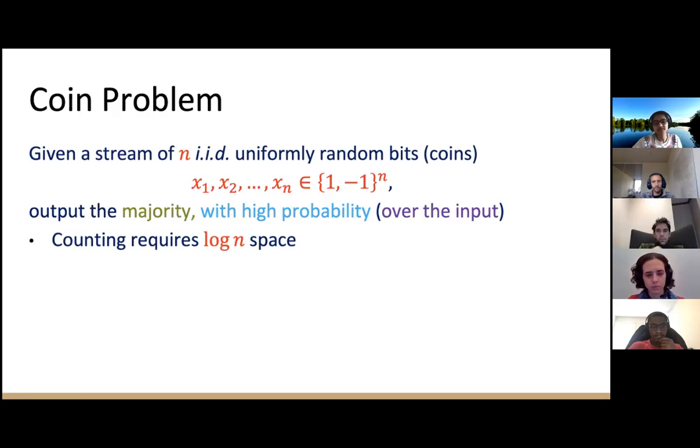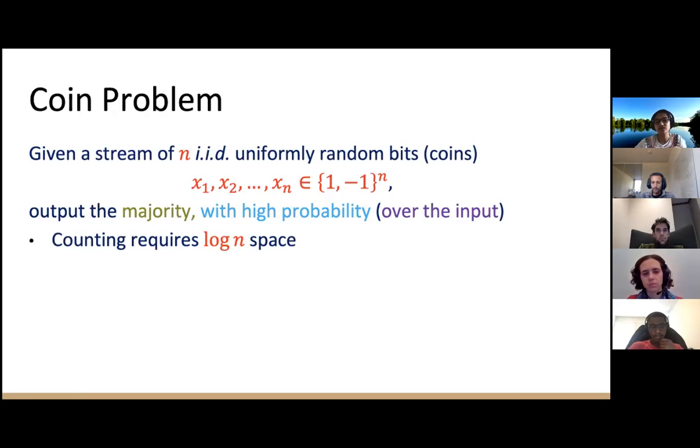Now there's an algorithm that requires just log n space and computes the majority on every input with probability 1. That is, it's a deterministic algorithm. What this algorithm does is it keeps track of the sum of x1 to xi, and this requires log n space.